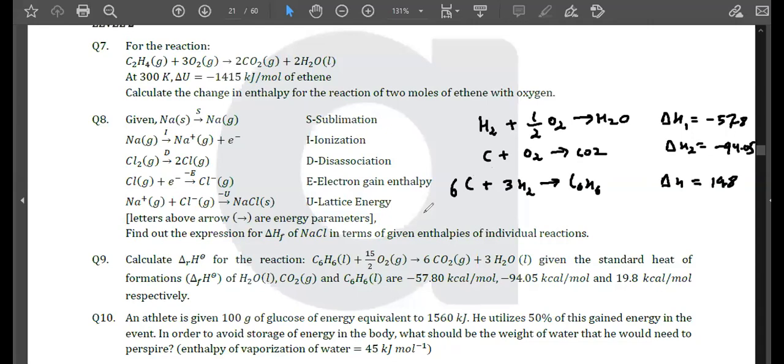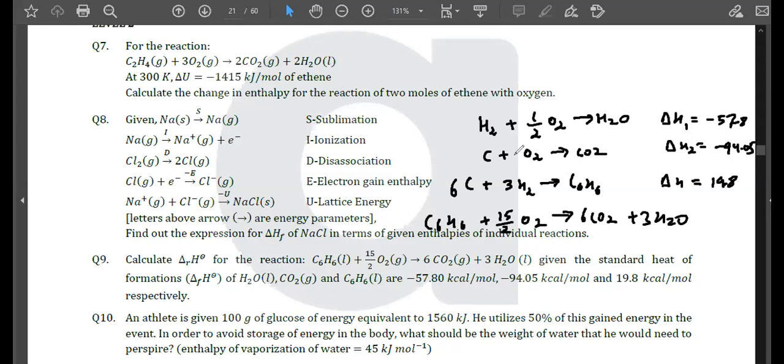And the overall reaction is C6H6 plus 15 by 2 O2 gives 6CO2 plus 3H2O. So you have to think, this is your reactant, so it should be minus, right?